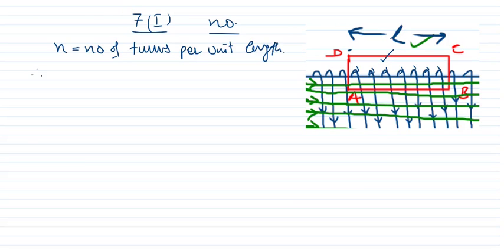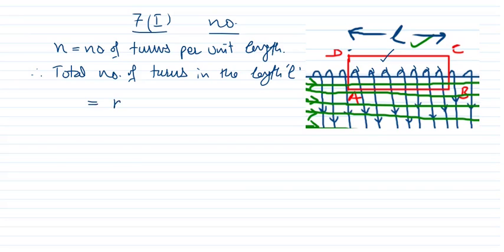Therefore the total number of turns in the length L that we have imagined will be equal to the number of turns per unit length into the length. So NL, not 7, is the number of turns enclosed by this length L.